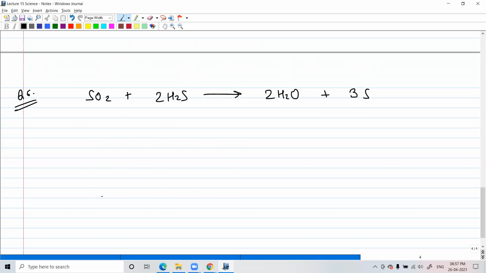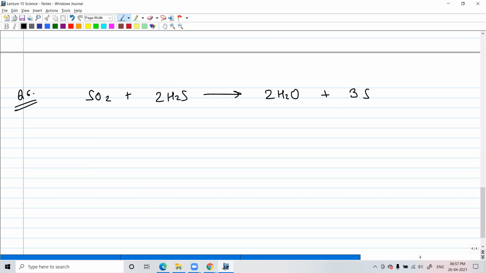Very quickly, tell me, what's the compound getting oxidized, reduced, whatever it is? Sir, hydrogen sulfide is oxidized, sir. Hydrogen sulfide is oxidized.